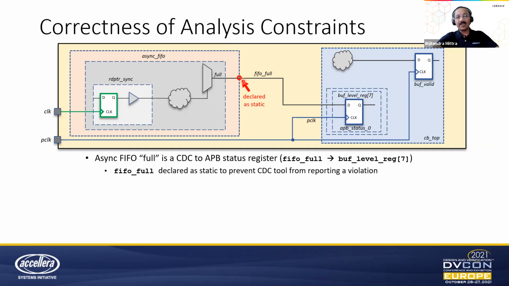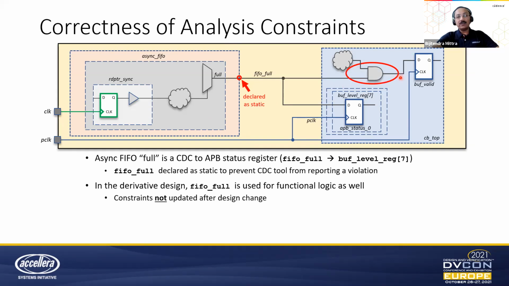Instead, he also declared it as a static signal because the tool won't report a violation here. Now, in the next generation of the device, this FIFO full signal is now used for generating a valid signal. So this is also part of some functional logic now, but unfortunately, this static declaration was not removed.